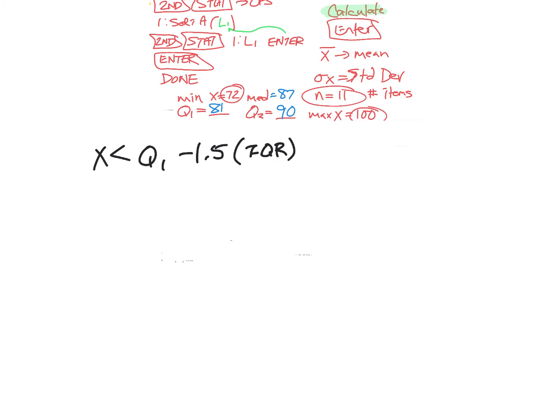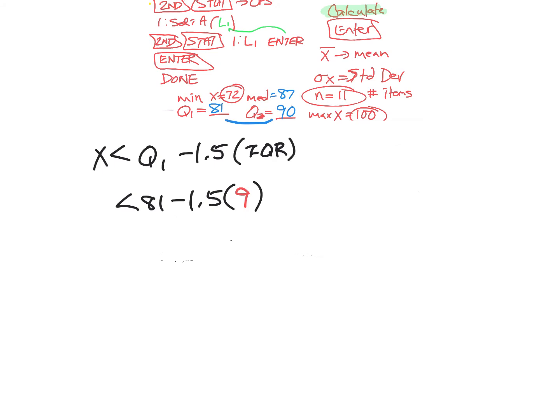Okay, so we know what Q1 is here. Q1 is 81. So I'm going to put 81 minus 1.5 times the IQR. Now remember, the IQR was the difference in these two, 90 minus 81 is 9. That's my IQR.